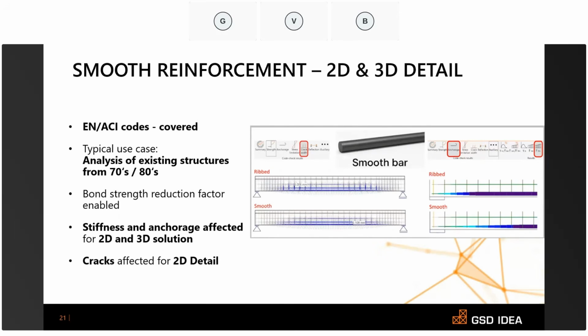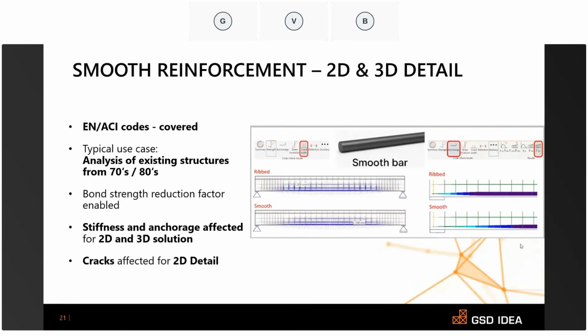They can be reanalyzed using the same smooth bars using IDEA StatiCa 2D detail, and it is fully supported by Eurocode, ACI, and also, very recently added, the Australian standards. And the software here accounts for the reduced bond and anchorage. And in 2D detail, it would also check the crack behavior under the SLS check.